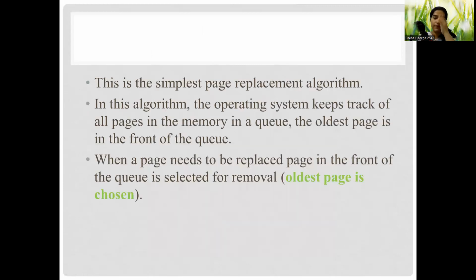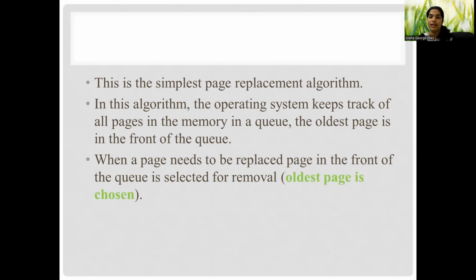This FIFO algorithm is considered one of the simplest page replacement algorithms. The operating system keeps track of all the pages in memory in a queue, and the oldest page is at the front of the queue. When a page needs to be replaced, the page at the front of the queue is selected for removal.